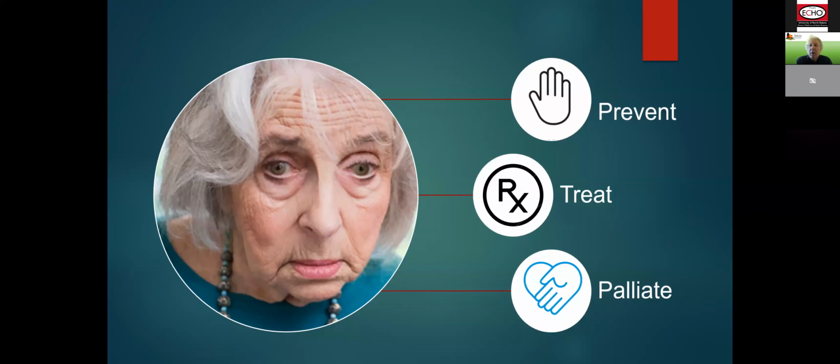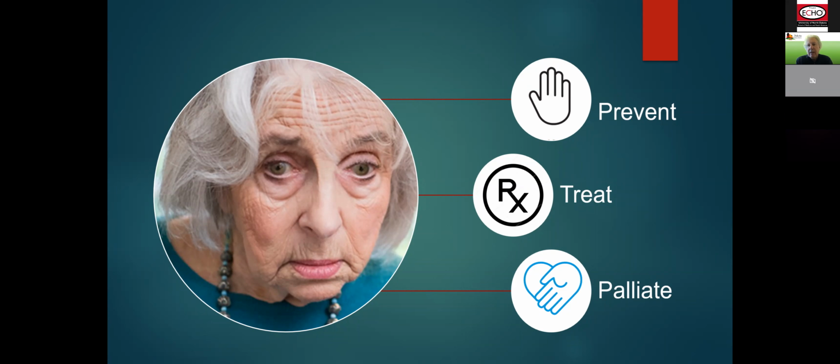So the three-pronged approach in dementia is fundamentally to prevent it. And there's a lot of research going on to talk about ways that we can prevent dementia. And then once you've identified individuals that have cognitive impairment, how do you best treat it to try to delay its progression?